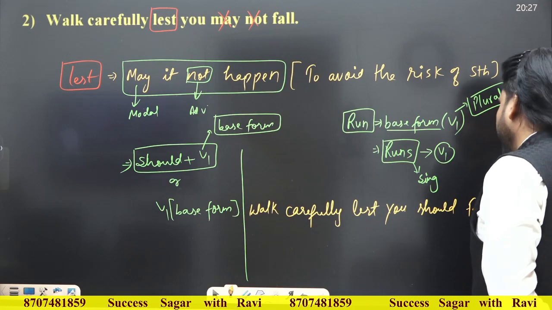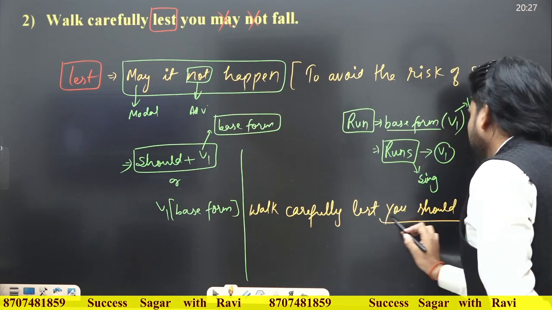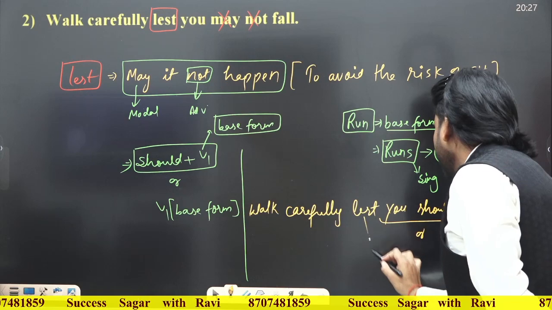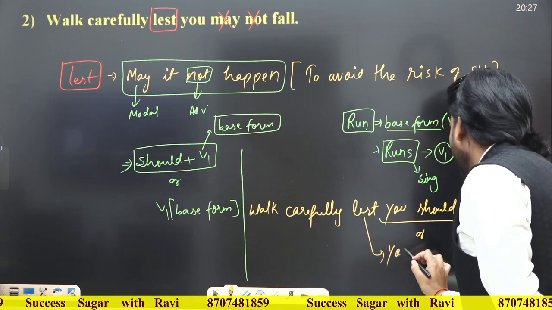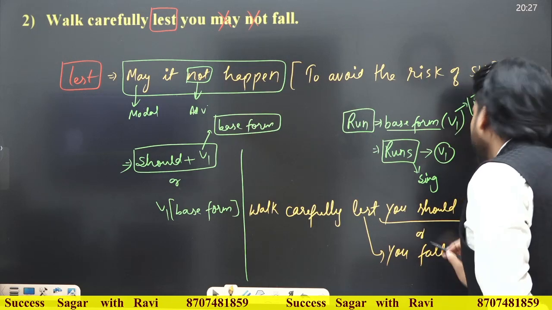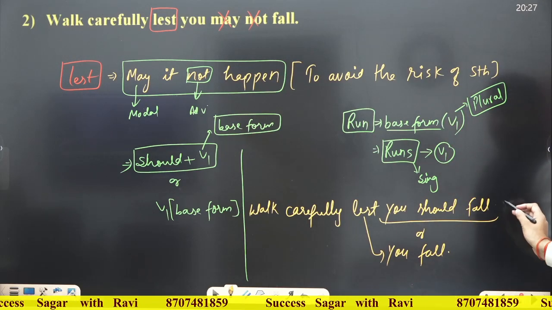You can use the modal should. This is the first way to correct the given sentence. And the other way is: Walk carefully lest you fall. So the given sentence can be corrected in these two ways.